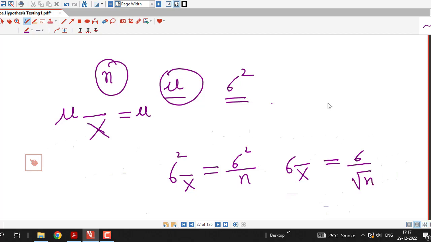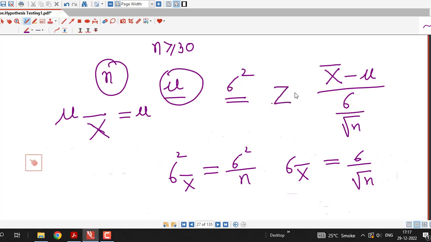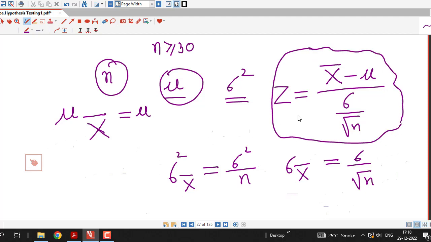Now suppose our sample size is large, we are considering n greater than or equal to 30. Then the central limit theorem says that if sample size is large, then this random variable x bar minus mu divided by sigma over square root of n is approximately normal, and this we consider as single sample Z statistic.